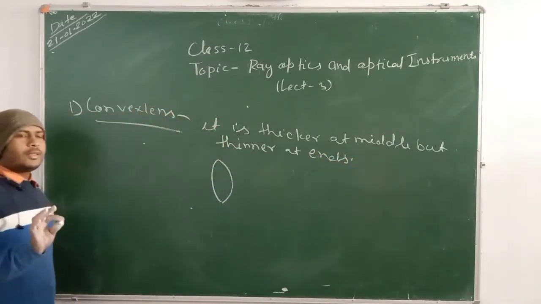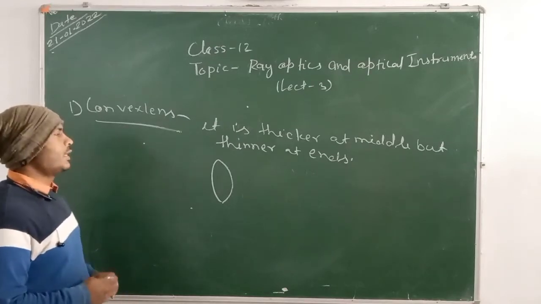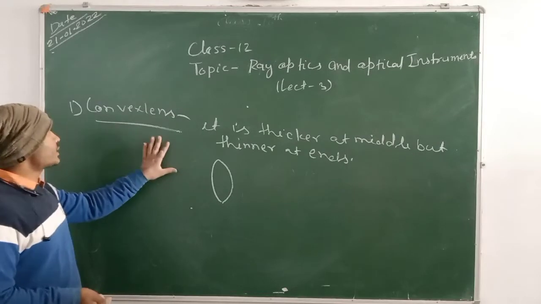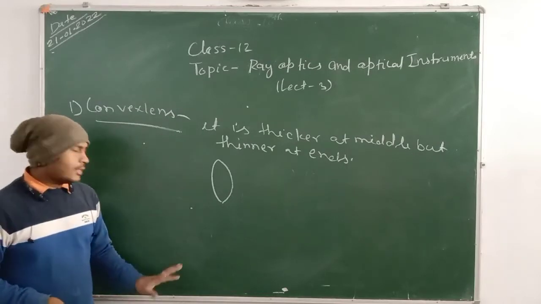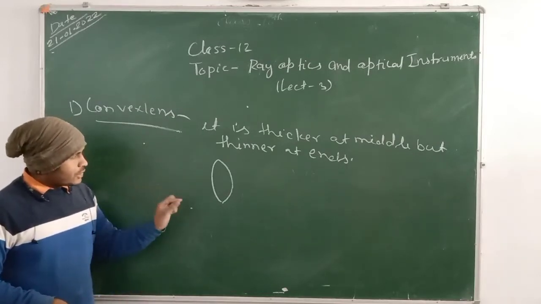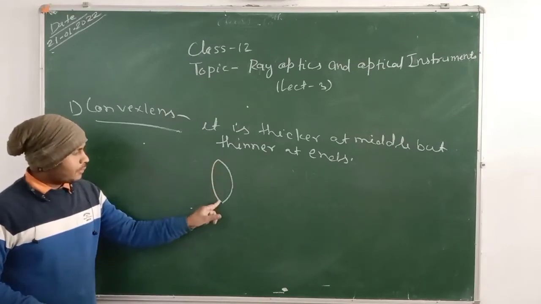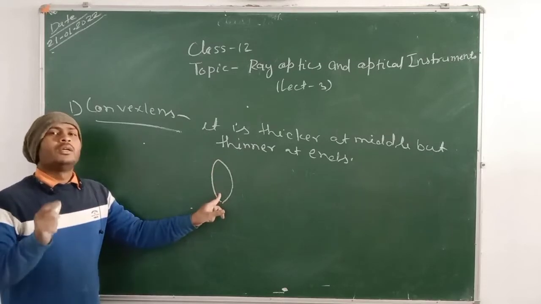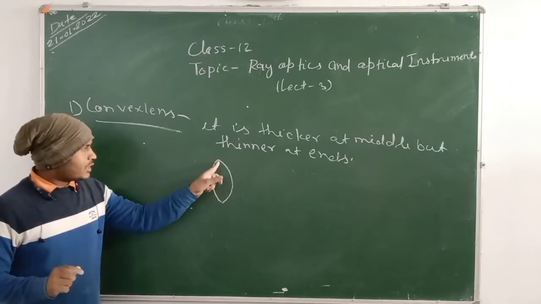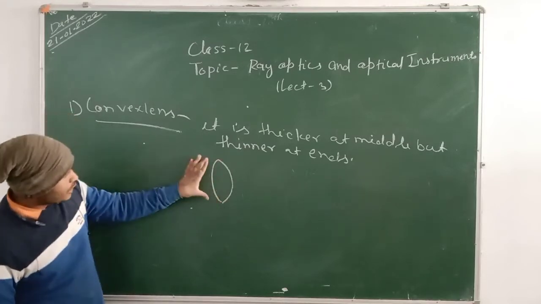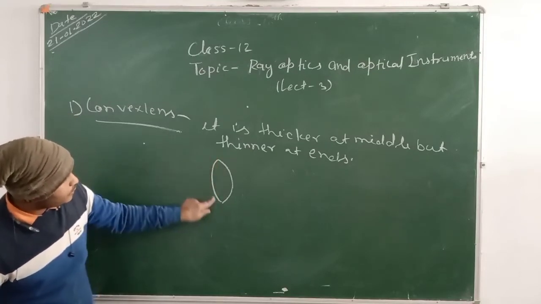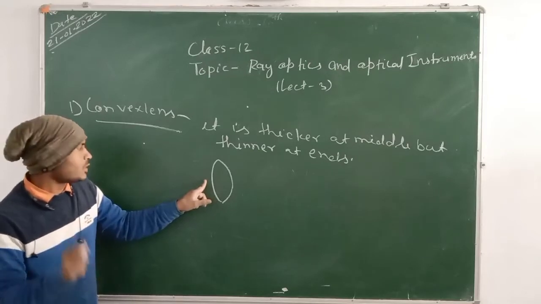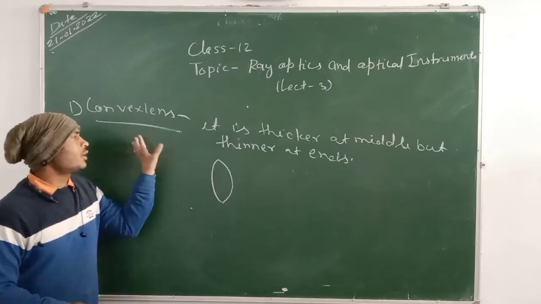There is one more identification of this convex lens. In case of convex lens, the ray of light is incident on the outer surface of the spherical surface. This is, let us suppose, one spherical surface, so the ray of light is falling on the outer surface, means convex surface. So it is known as the convex lens.